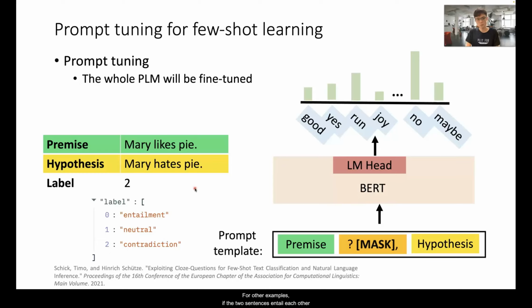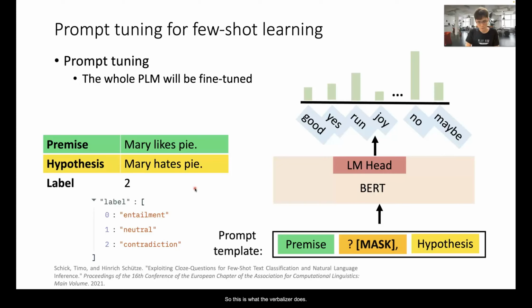For other examples, if the two sentences entail each other, then the mask token should be filled in with the word yes. And if the two sentences are neither contradiction nor entailment, then the mask token should be filled in with the word maybe. Using the pre-trained language model, we obtain a probability distribution over the whole vocabulary space for the mask token. But what we want is the probability distribution over the label space.